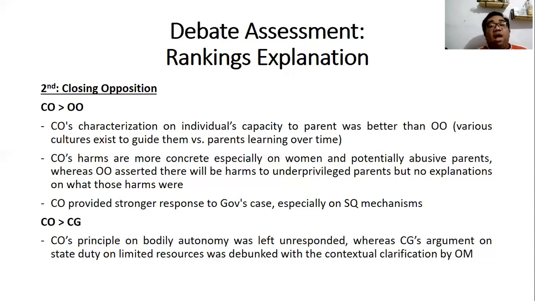And we felt that that was a much more creditable response and exchange when it comes to the principle analysis. So those were the reasons why closing opposition wins over opening opposition and closing government.